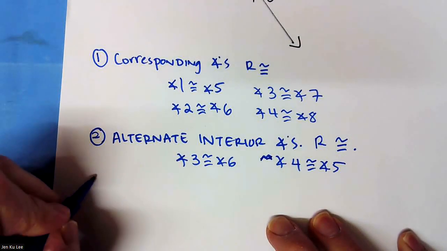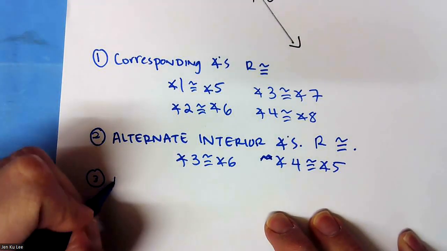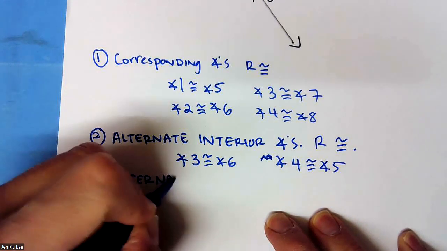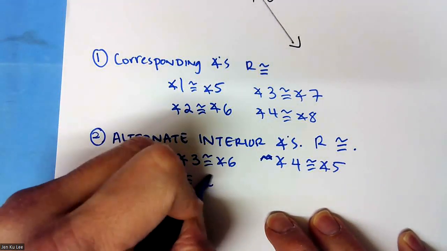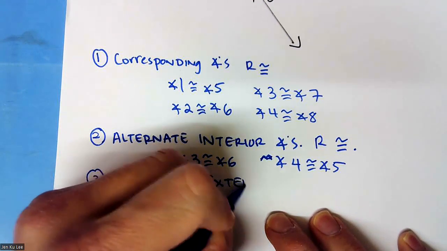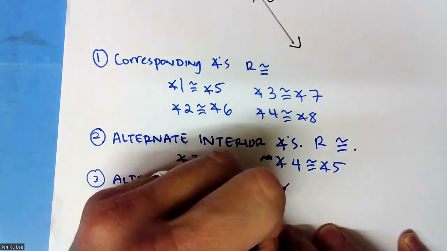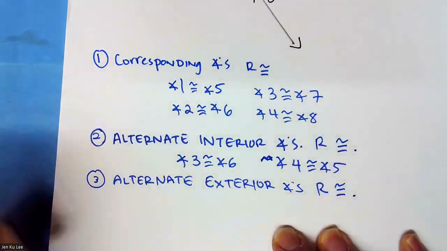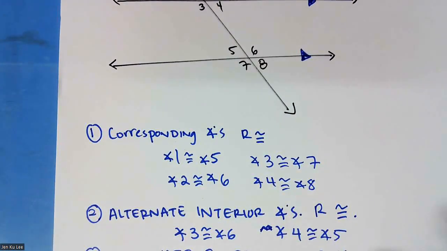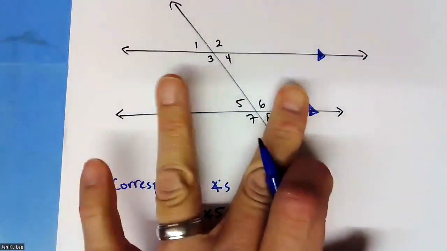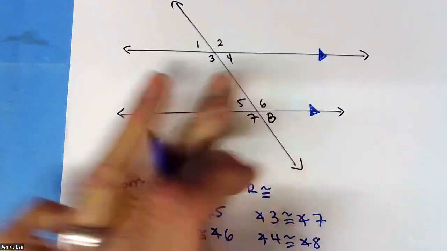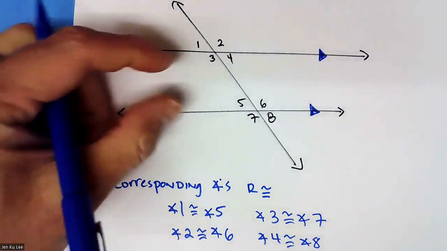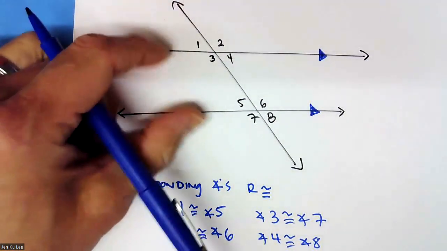The next type of special angles that are created are alternate exterior angles. And they are also congruent, okay? So alternate exterior angles are on alternating sides of this transversal, one from this side and one from this side. And then they are exterior, so they are on the outside of the parallel lines.